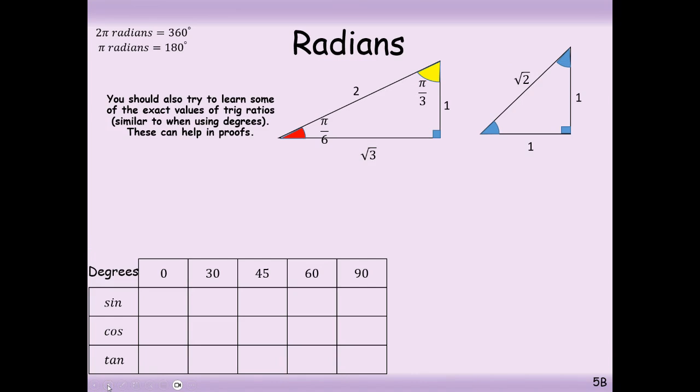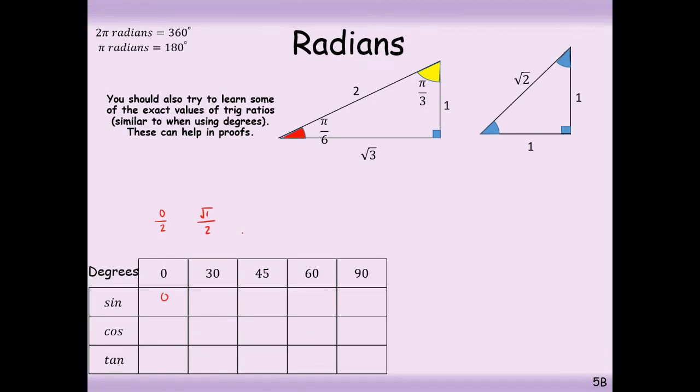I've been through this in my year 12 lessons, but if you don't remember, you can think of it this way: the sine of these angles is going to go up. We're going to start with square root of 0.